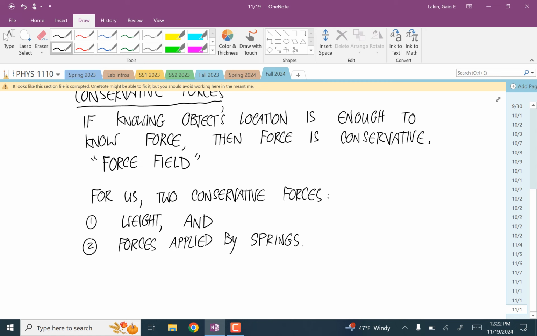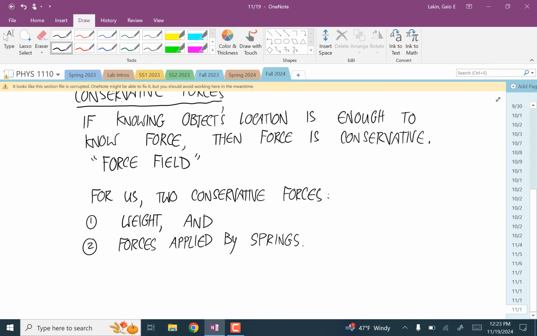But if I push down on it, the more I push down, the more I'm increasing the normal force, and I haven't changed the location of this at all. So that tells you that no, the normal force from the table is not a conservative force. If I pull up exactly equal to the weight, I can make that normal force 0. And if I put my whole weight down on it, I can make this normal force huge. So normal force is not a conservative force.